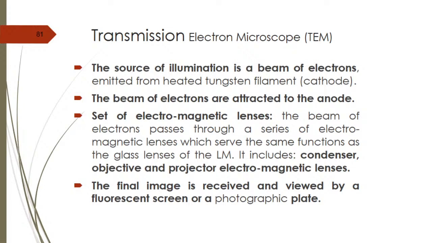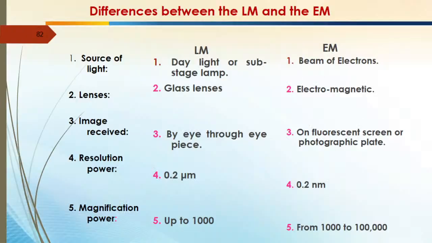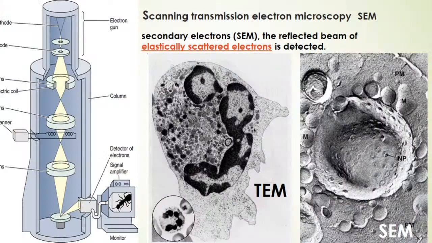The beam of electrons is attracted to the anode. The beam of electrons passes through a series of electromagnetic lenses, which serve the same functions as the glass lenses in light microscopy, which we were talking about a minute ago, and the final image is viewed on the fluorescent screen. Look at this one, how it is visible.